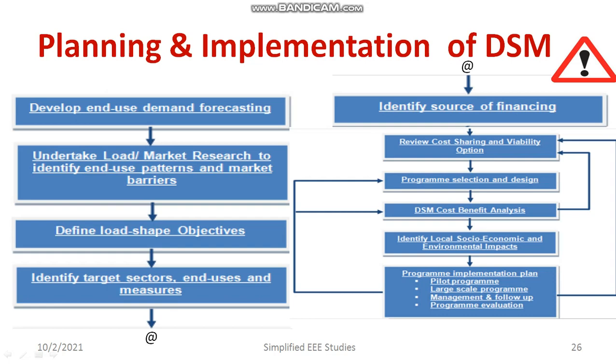Also, if the program implementation plan is denied by any of the authorities, it goes back to program selection and design, and the project selection will be recalled once again. So you can see the particular path. This is actually what happens in the case of the plan.